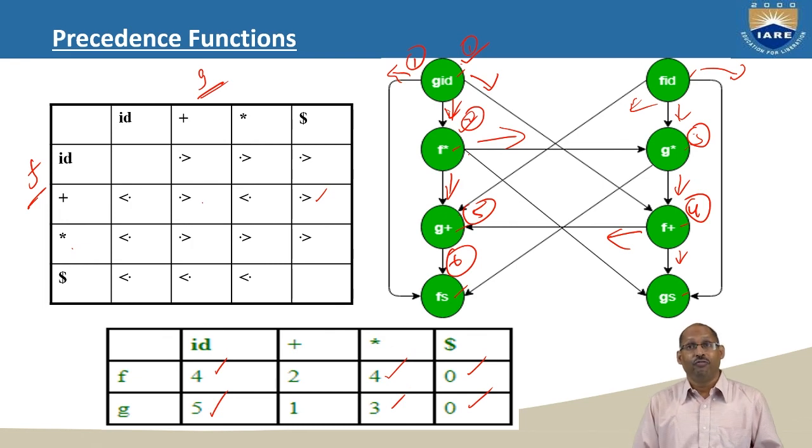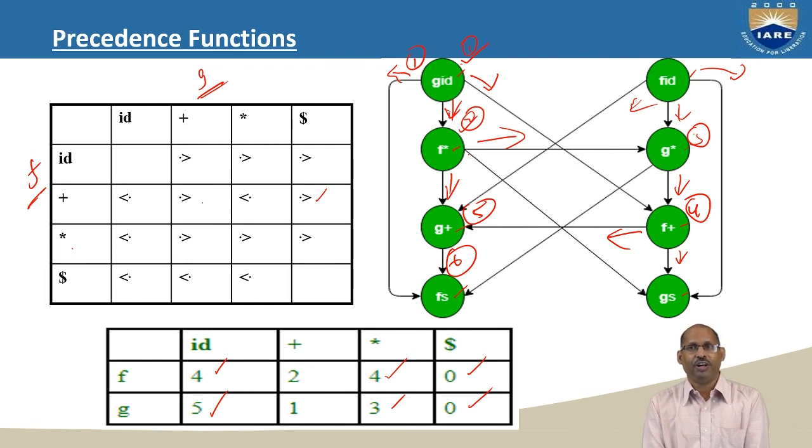So from the operator-precedence relations table, we are constructing the operator-precedence function table. By considering two functions f and g, we are converting the given relationship table to an integer value table.